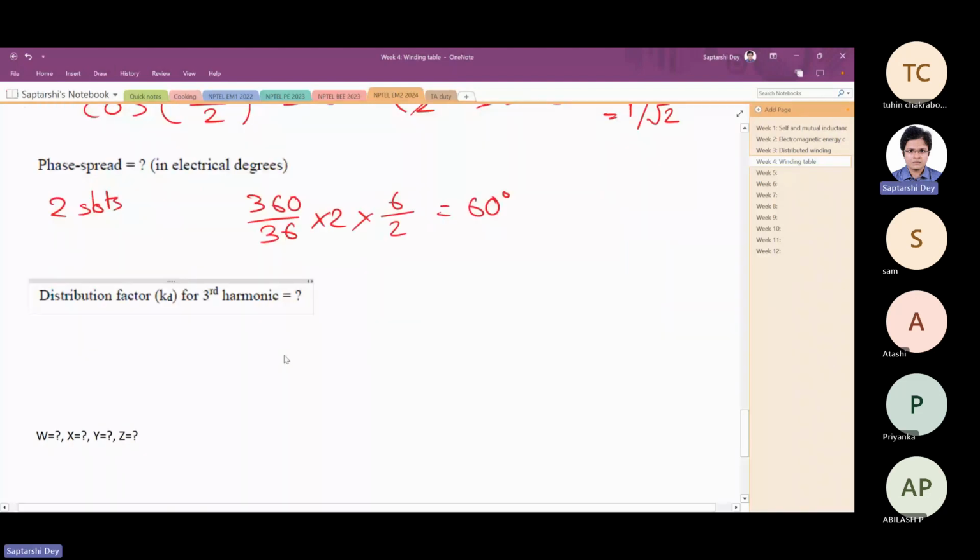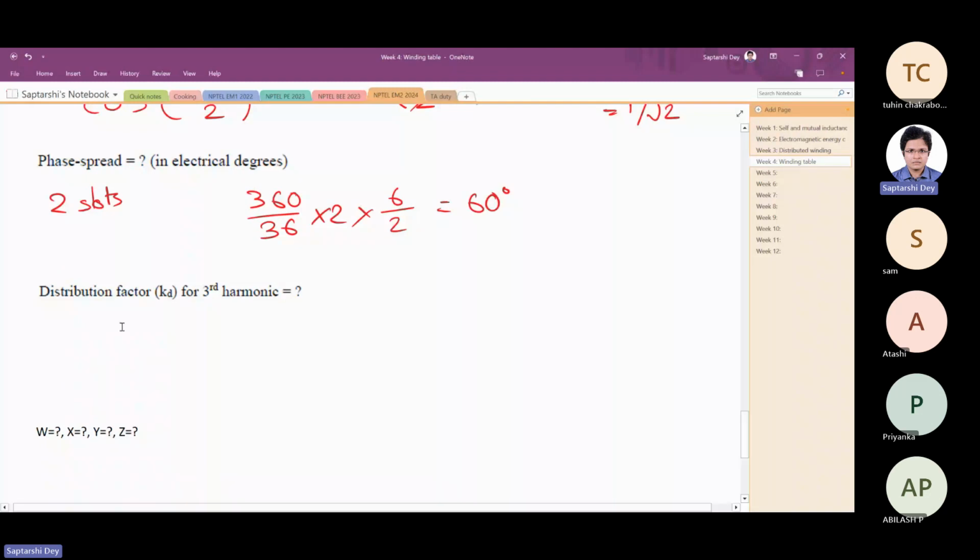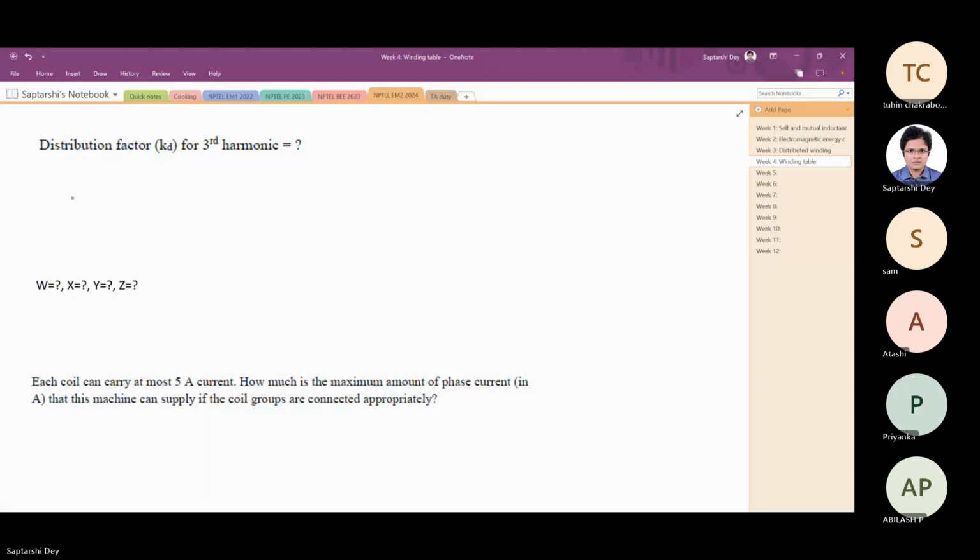We found out last day that it is sine of n times SPP times beta by 2, divided by SPP times sine of n beta by 2.